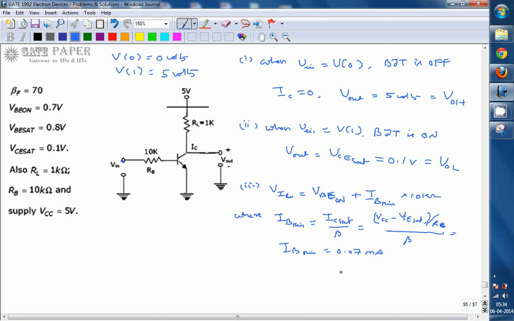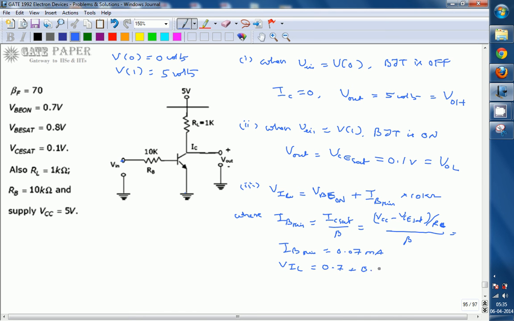This much you will get as IB minimum. From this one we can calculate VIL. VIL is equal to VBE on, which is nothing but 0.7, plus 10 kilo ohms into 0.07. 10 into 0.07 is nothing but 0.7.